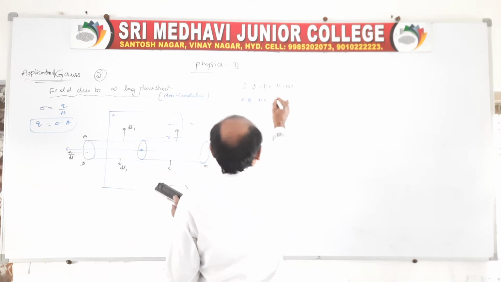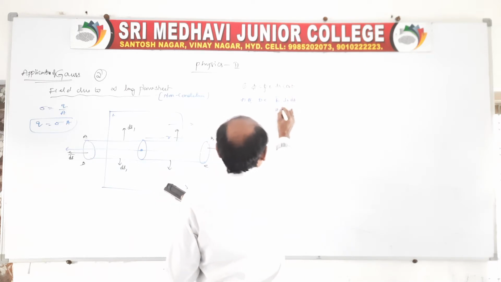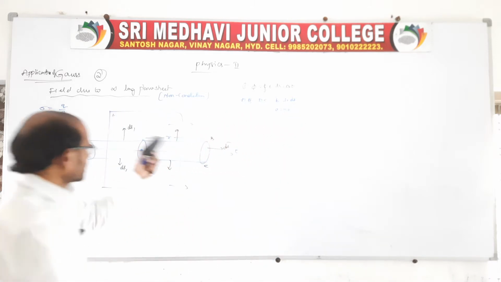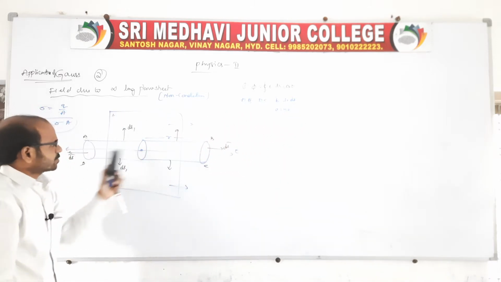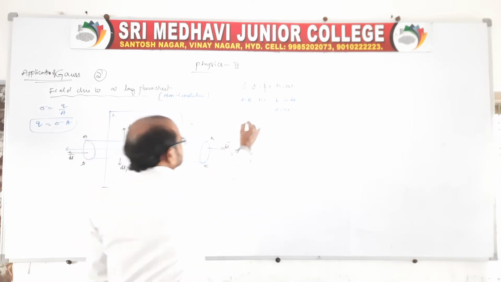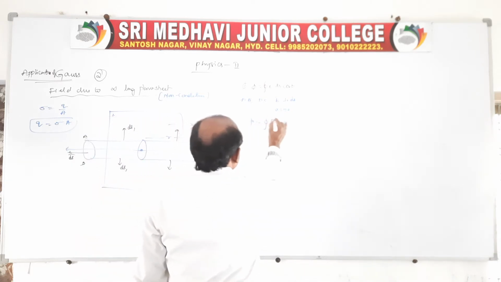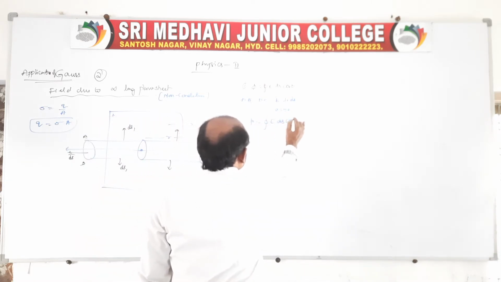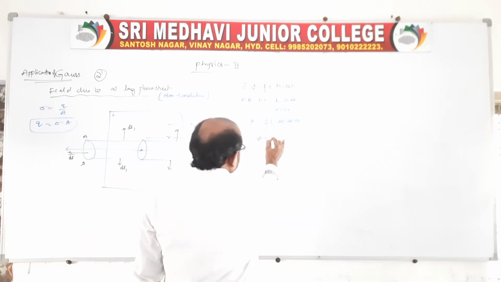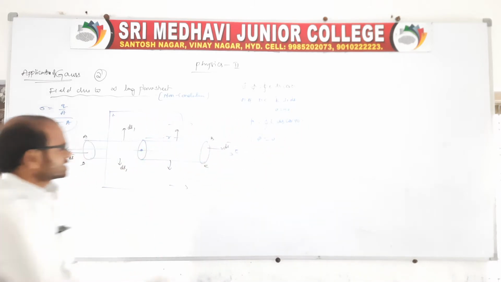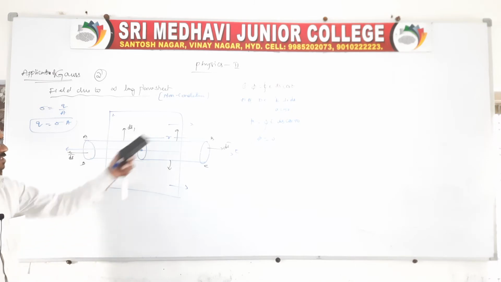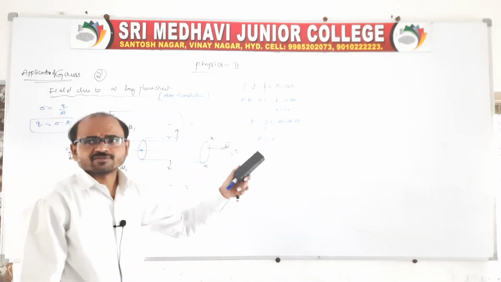These are perpendicular to dS bar. So theta we can say is 90 for these areas, because AB and CD are perpendicular to E. Therefore E dS cos 90. See, cos 90 will be 0. Therefore from these areas the flux is 0. Of course, because it is perpendicular to E, therefore it will be 0.